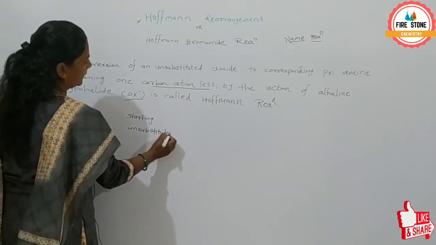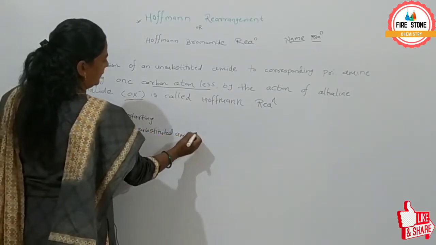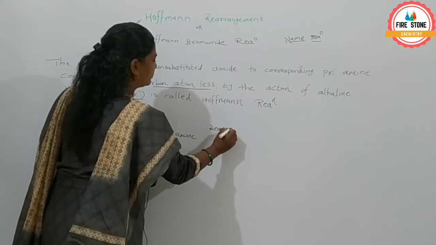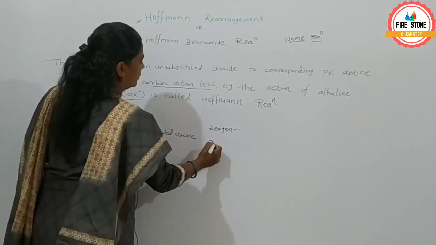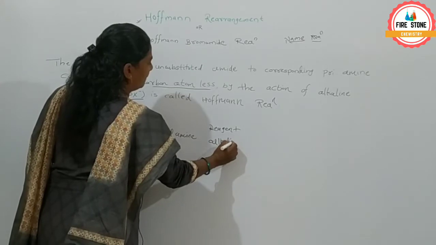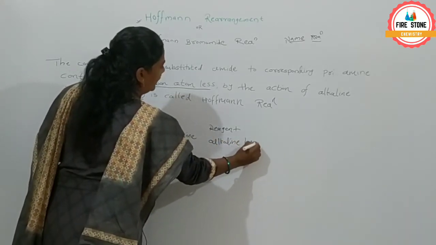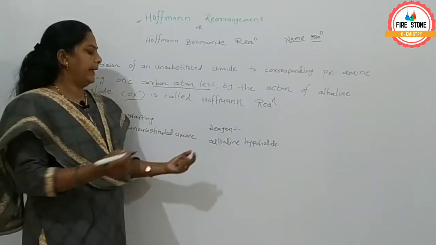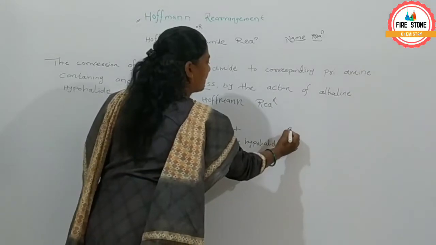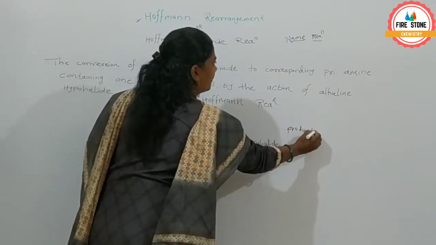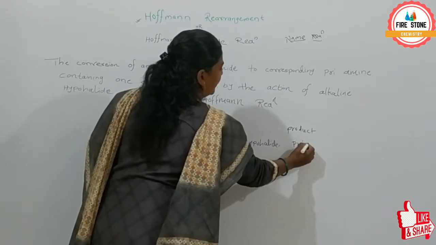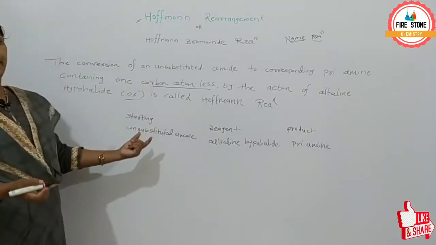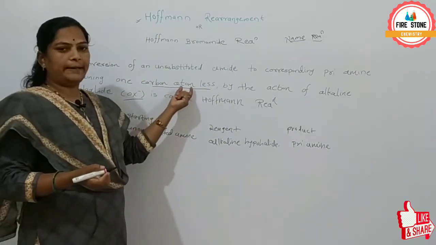Here the reagent is alkaline hypohalide, and the product is a primary amine. So the product is a primary amine containing one carbon atom less.